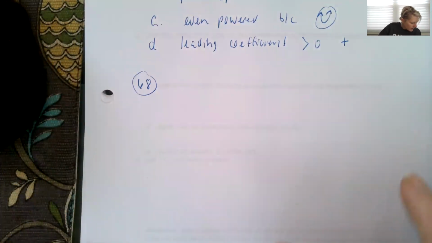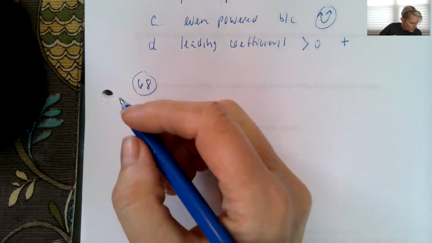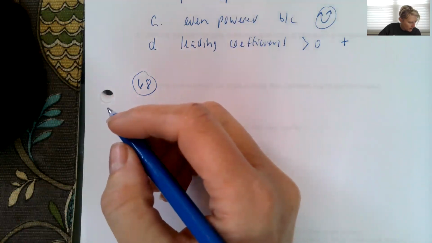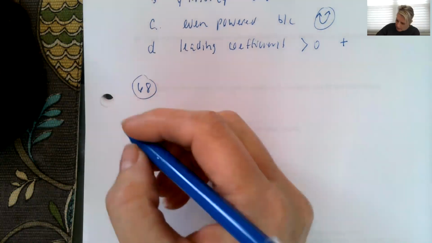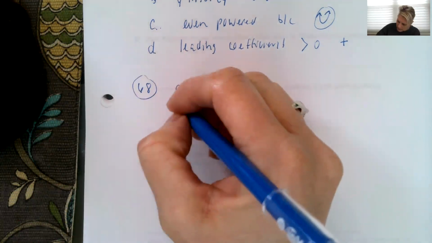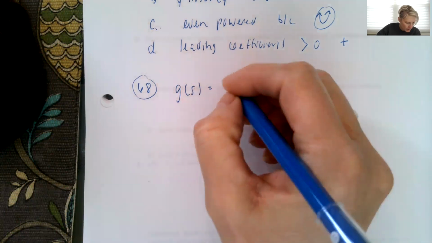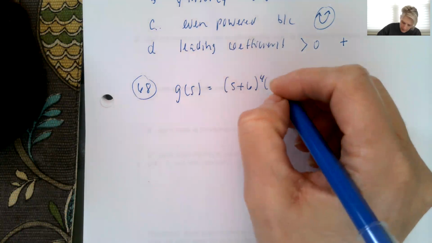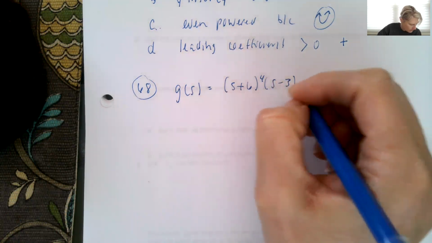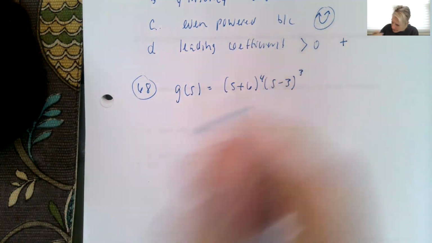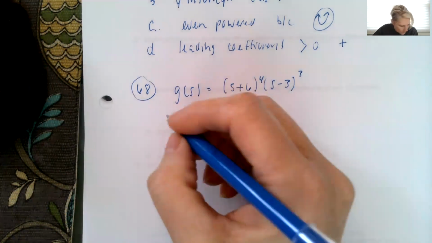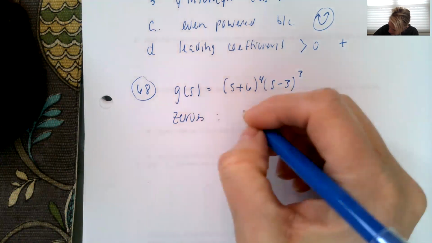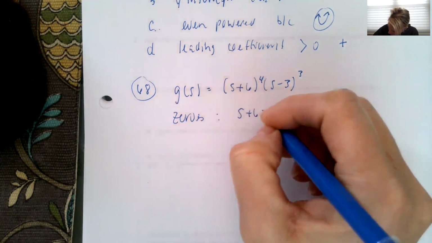So on number 68, it says, determine the real zeros of the function and their multiplicities. Comment on the behavior of the graphs. Does it cross or just touch? Okay, so this is how I like to do these. G of s equals s plus 6 to the 4th and s minus 3 to the 3rd. Okay, so our zeros are going to be at s plus 6 equals 0.